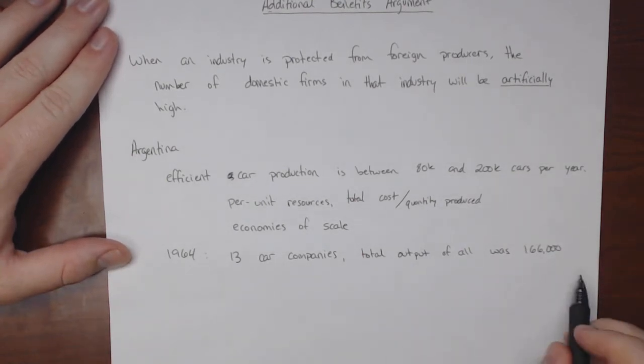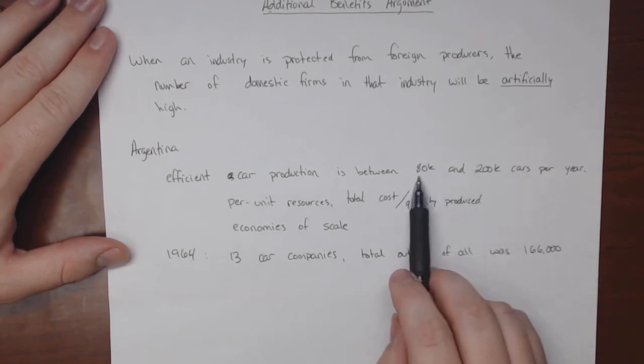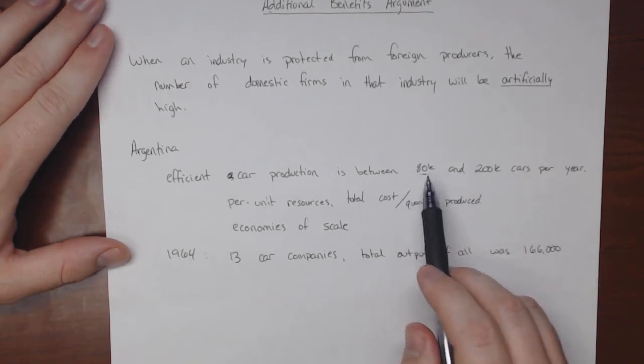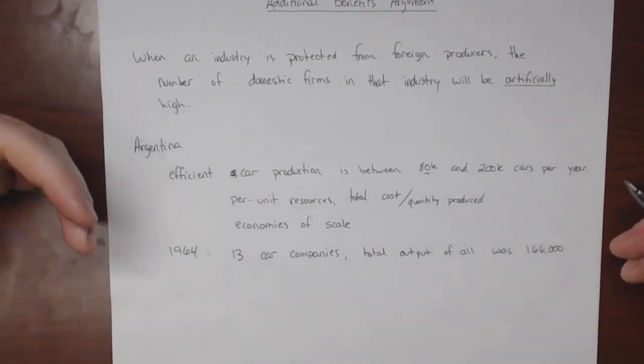Okay, now they're going to be producing at a lower volume than 80,000 each, which means they're using more per unit resources to produce their cars.